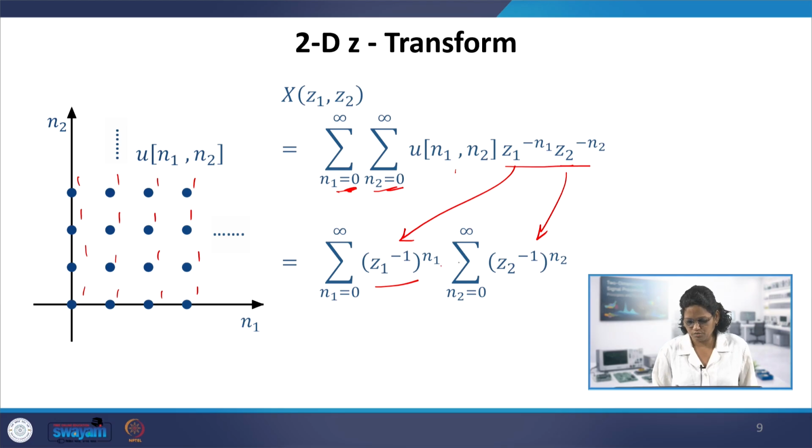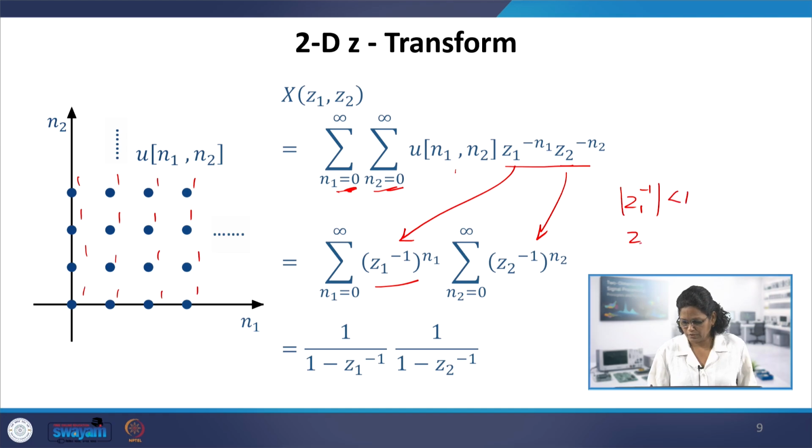So this can now be brought to a closed form solution because these two are products here. The case is 1 by 1 minus z1 power minus 1, and this requires z1 power minus 1 to be less than 1 and z2 power minus 1 to be less than 1.